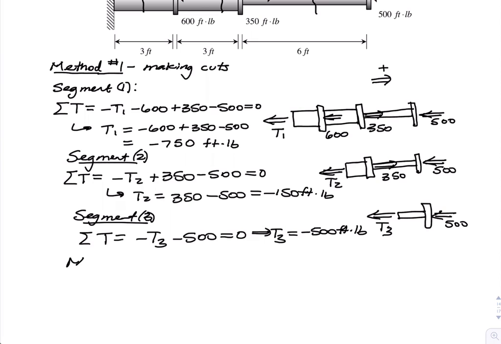So method number 2 is taking free body diagrams of the connectors.